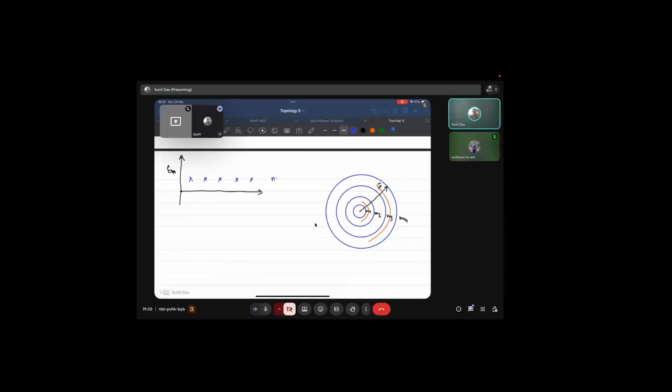This is, let's say, n equal to 0, and this is n equal to 1, and these are different m values, so this is along m.